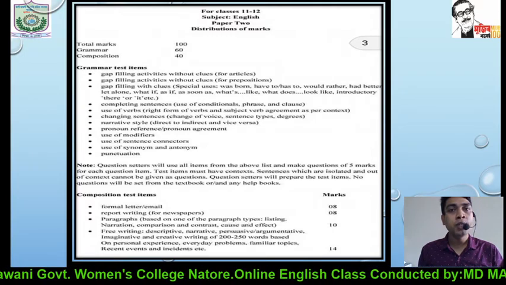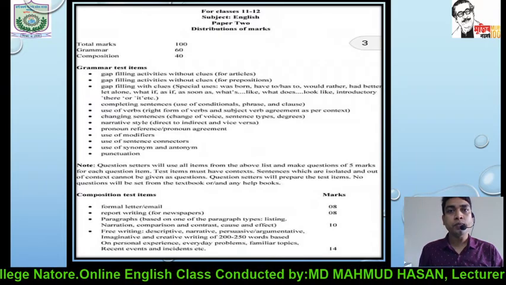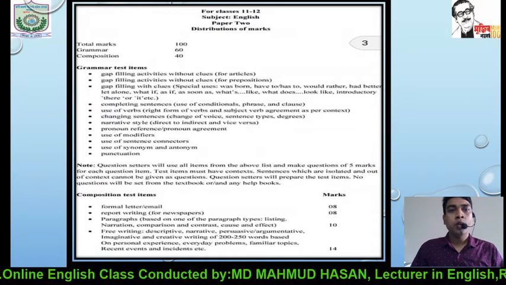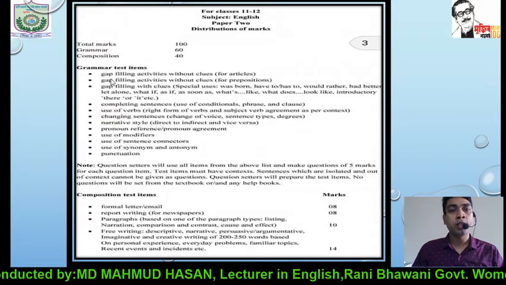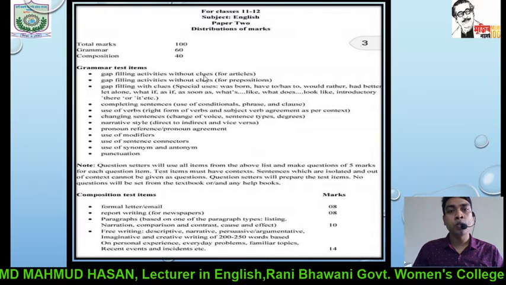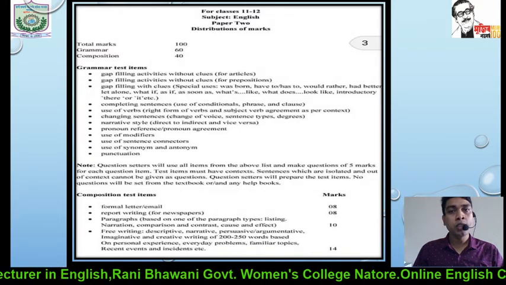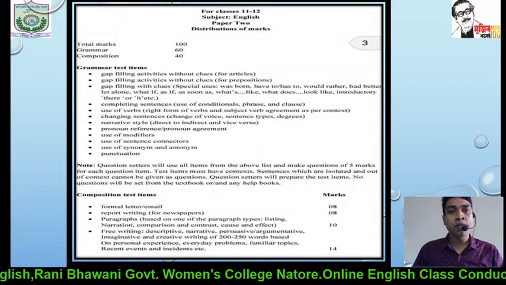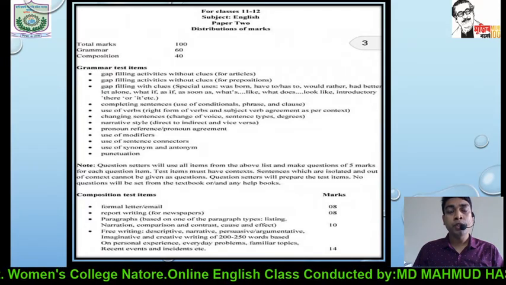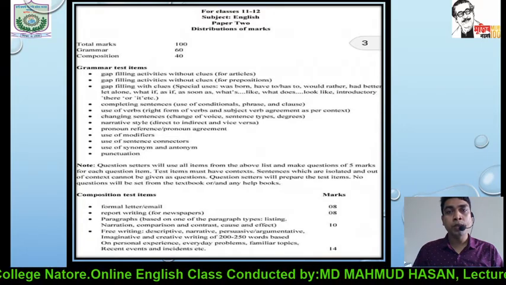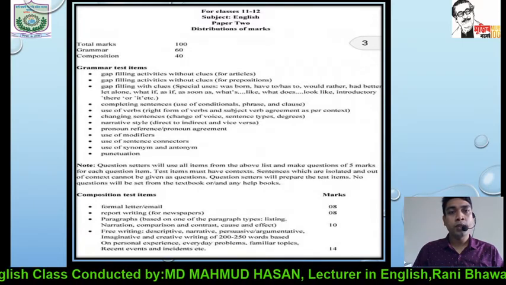So 5 into 12, 60 marks. In the grammatical test items, the first question item is gap filling activities without clues for articles. If you are skilled in articles, you can answer it and it will cover 5 marks. Gap filling activities without clues for prepositions. There will be a question regarding prepositions, and this question item will cover 5 marks.